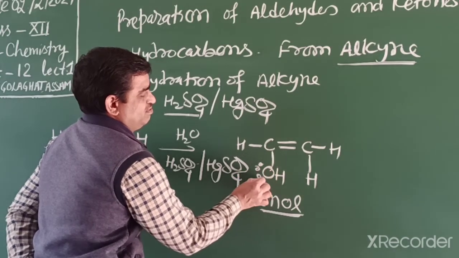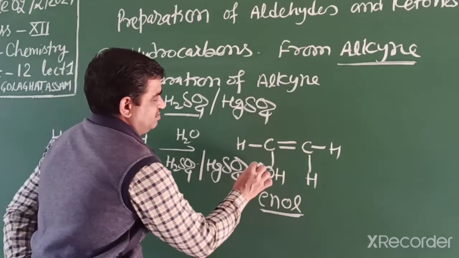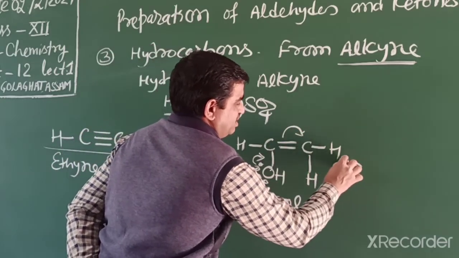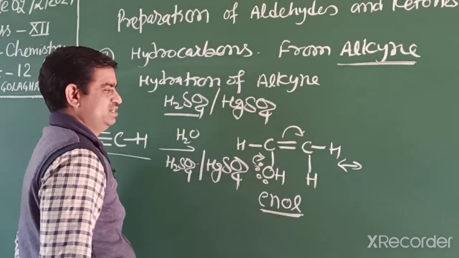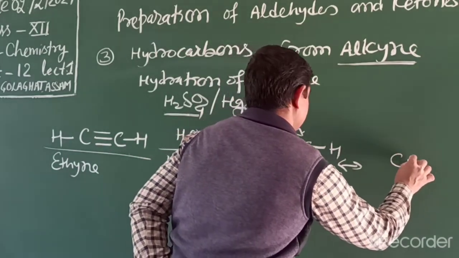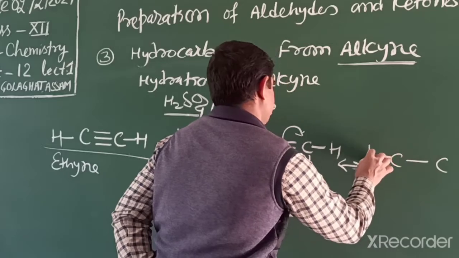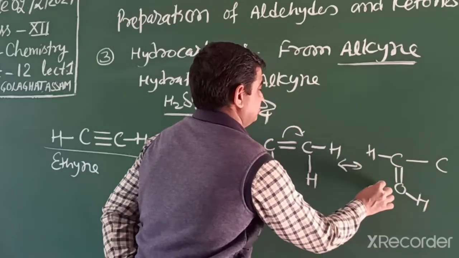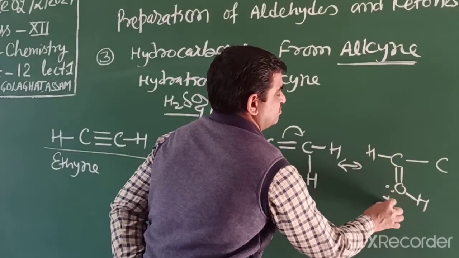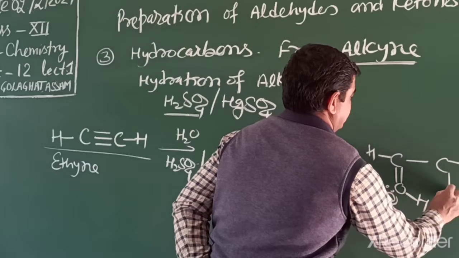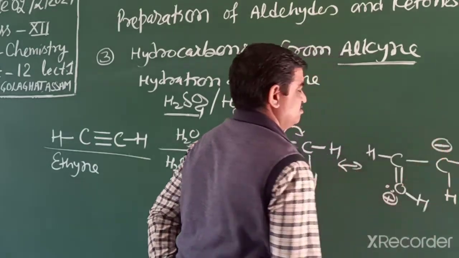And we know there is a lone pair on oxygen, so it can move, the pi bond can move. It shows resonance. So, due to this resonance, it behaves like this, double bond with oxygen, and another carbon gets a negative charge.